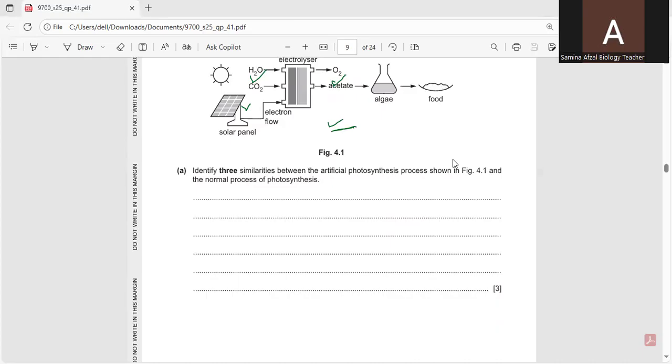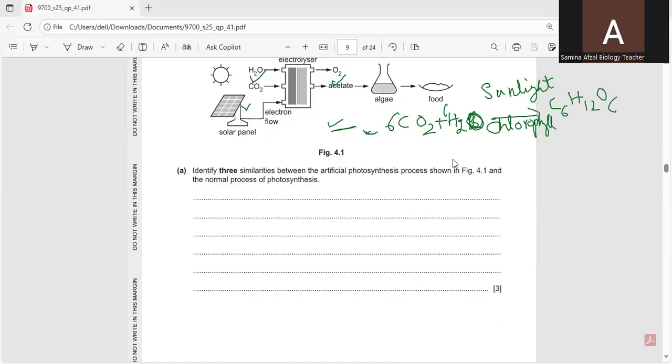And students, you know very well the equation of photosynthesis: 6 molecules of carbon dioxide and 6 molecules of water are used up during the reaction of photosynthesis in the presence of sunlight in green parts. There is the formation of C6H12O6 plus 6 O2.